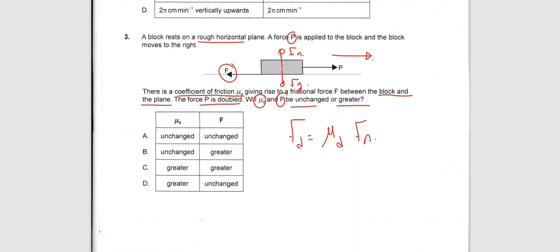So the friction force depends on the type of the surface and the normal force only. So if we double the applied force, nothing will happen to the friction force. So mu d and the friction force will be unchanged.